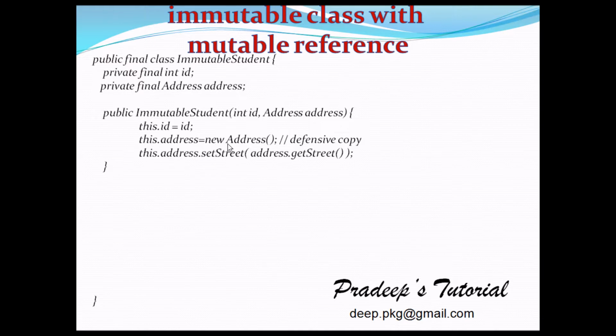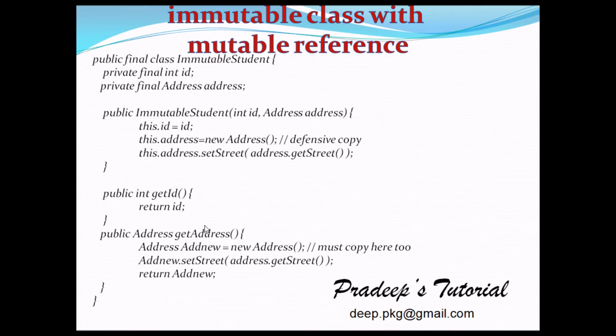So new Address, and to set the value I'll do it here only, this.address.setStreet, and I'll get the street here. In the same way, in the getter method also I'll write something like this: getAddress, I'll create an object and then set the details on that. So this is the way, if you have a mutable reference variable, you have to do something like this.